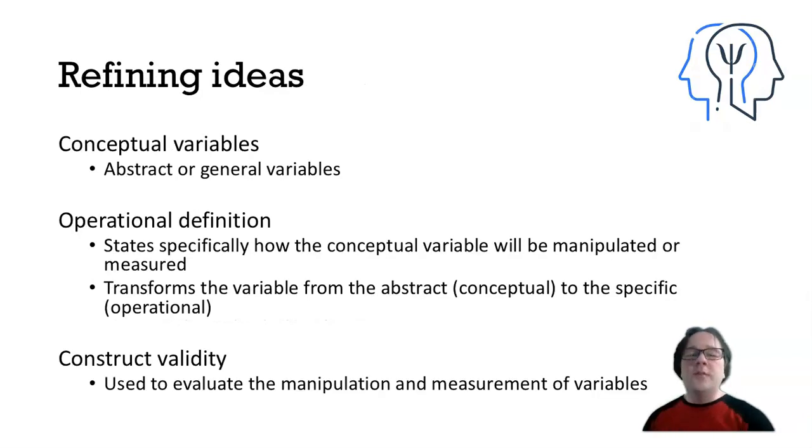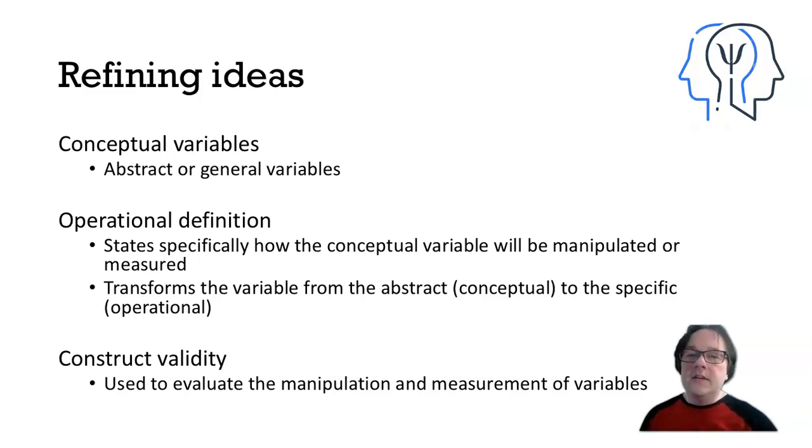Okay, so once we have, say, an idea for a study, or a question, we need to refine that idea in a way that we're going to be able to test it, which means we have to be able to measure it somehow.